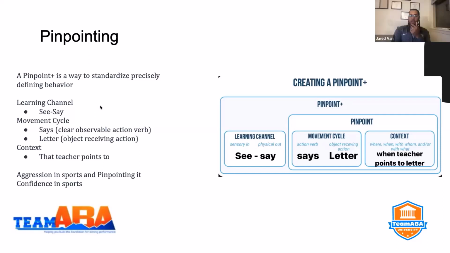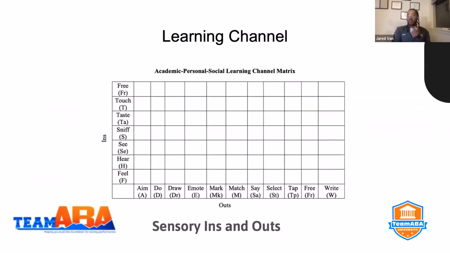Perfect. One of the things is we have all these sensory ins and outs for the learning channel, which is the first part of the pinpoint. Right now I'm showing the academic, personal, social learning channel matrix, but we can also create a channel matrix for different sports. For instance, when you're swimming, you have to have cupped hands. In competitive diving, you have to have different forms and shapes. And with different sports, you have to hear different signals.